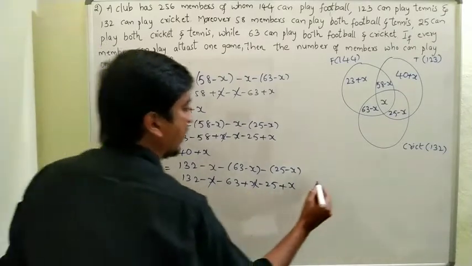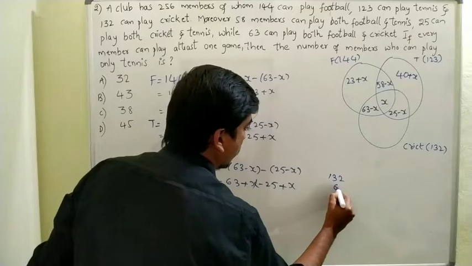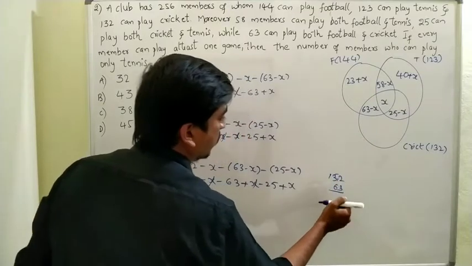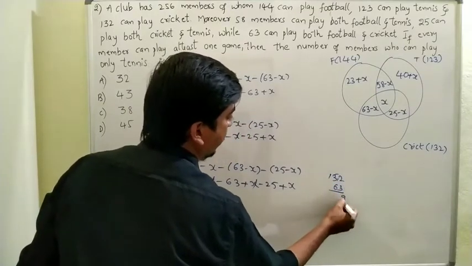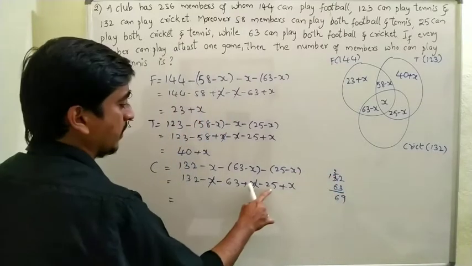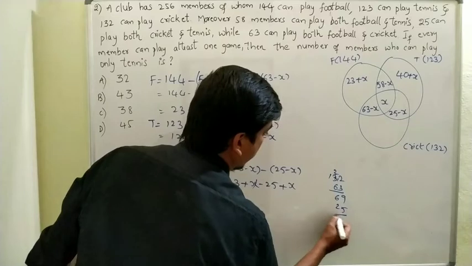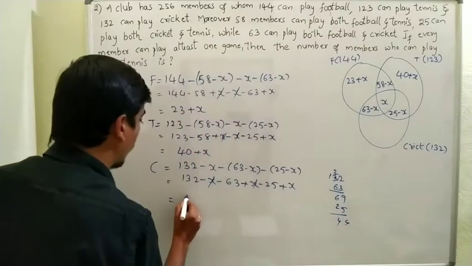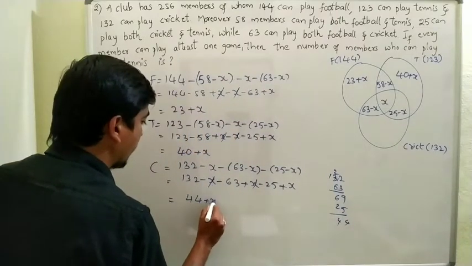Then 132 minus 63 is 69, and 69 minus 25 is 44. So we get 44 plus X.